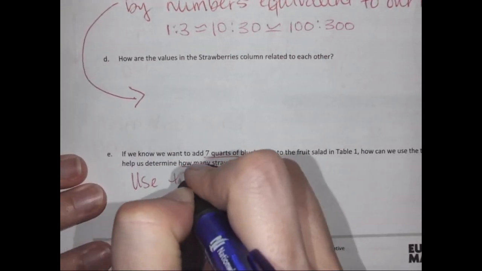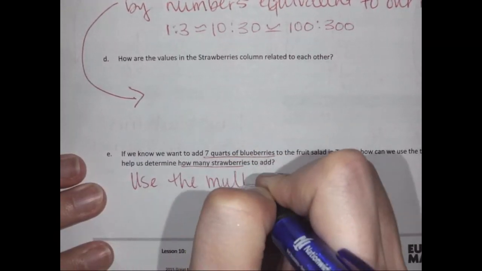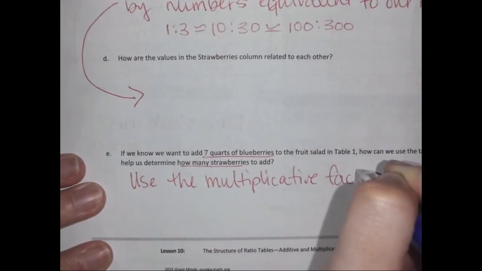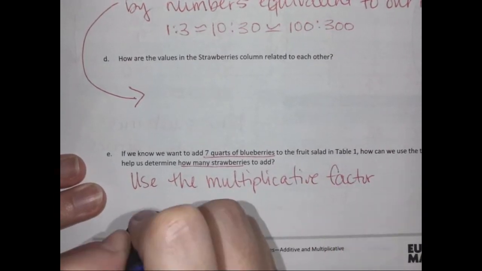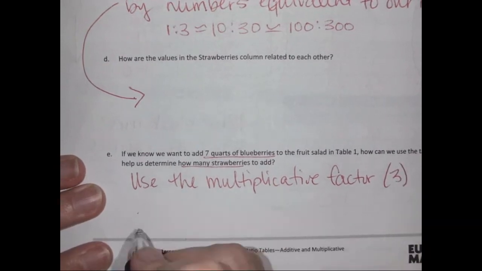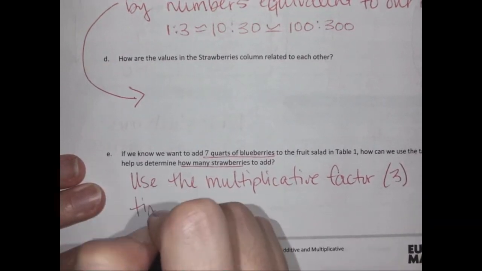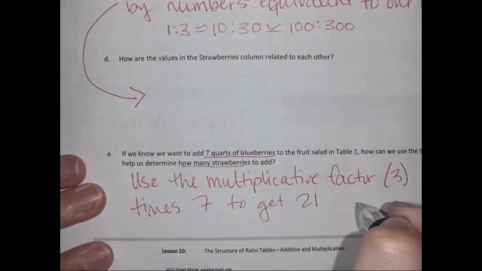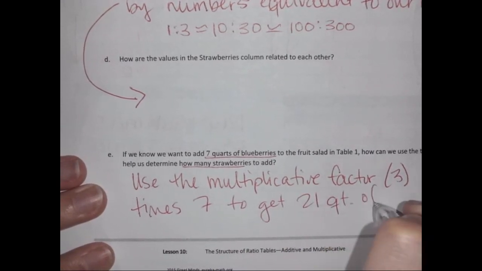So use the multiplicative factor, which is 3 times 7, 21 quarts of strawberries.